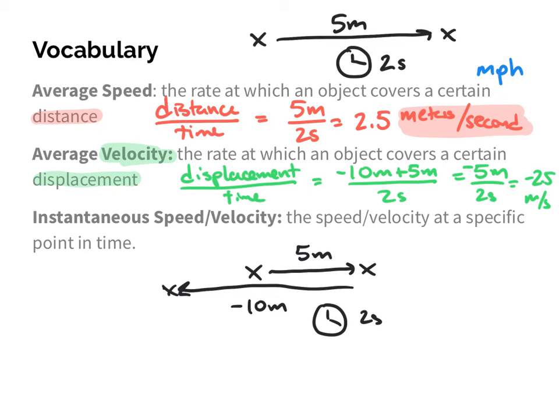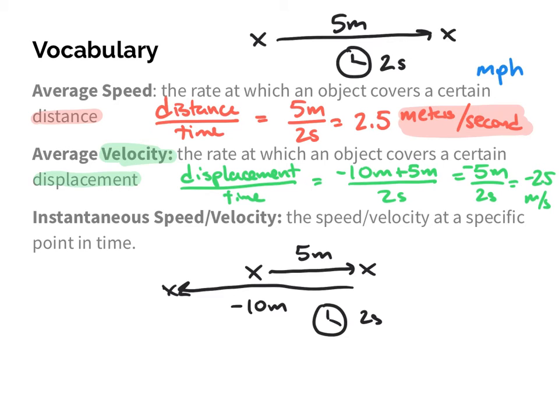And that negative just simply tells me that my motion ends up being in the west or left direction. So speed and velocity are really the same thing. The big difference between the two is distance. Velocity is going to take into account the displacement you travel. I think I said distance. I meant to say direction is the big difference between the two.